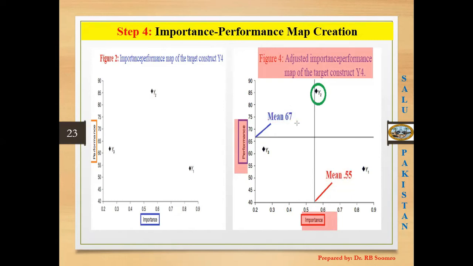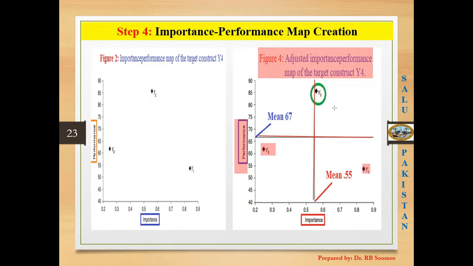Two important things are not available in the earlier one: this is our mean line, and this is another mean line. Now we will locate where our variables are. This one is located here, Y3's location is this one, Y1's location is this one, and Y2's location is in the upper corner.